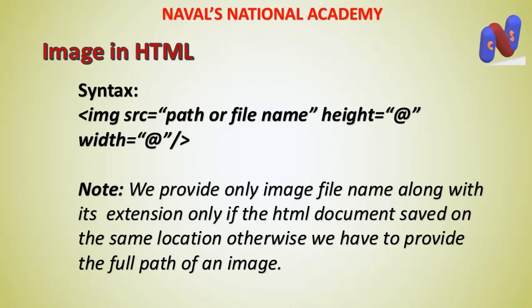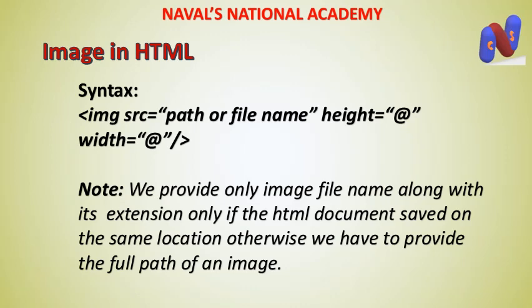Now note, we provide only the image file name along with its extension only if the HTML document is saved in the same location. Otherwise, we have to provide the full path of the image. If you have saved your HTML document in D drive without any folder, and your image is also in D drive without any folder, you have to give only the file name with its extension.